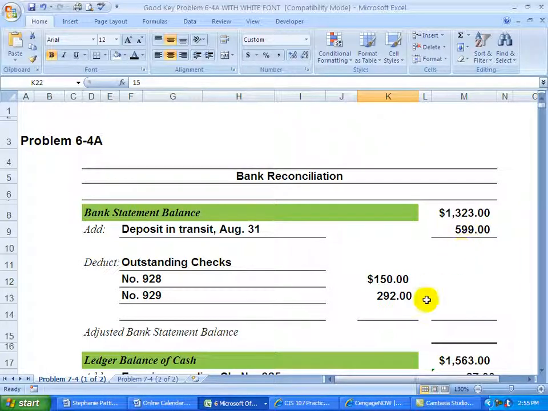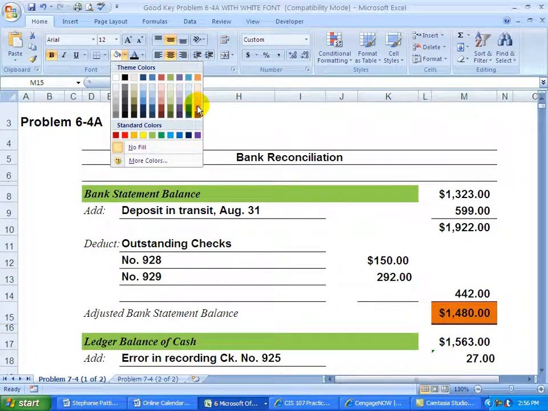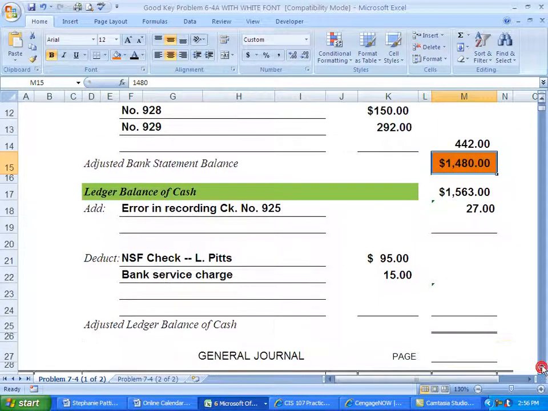We've added in our deposit in transit, and when we do that, we get a subtotal of $1,922. We're going to add up our outstanding checks for $442, and then subtract the outstanding checks from this one. And when we do, we get a balance of $1,480. So we're hoping that when we do the cash account here, we'll end up with the same balance at the bottom.